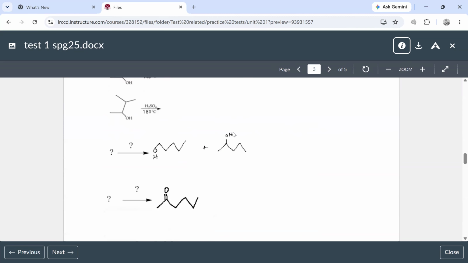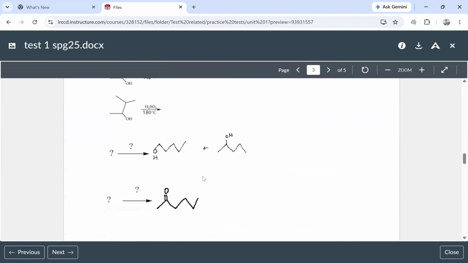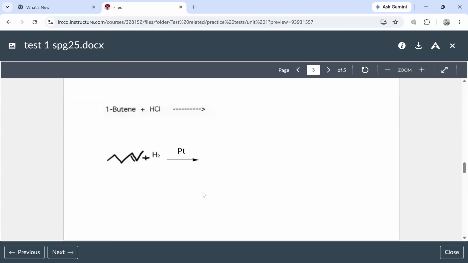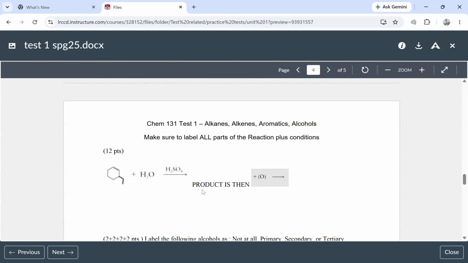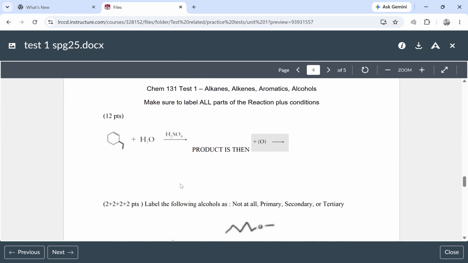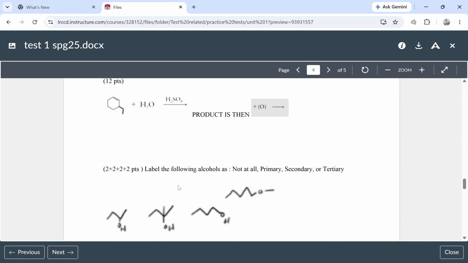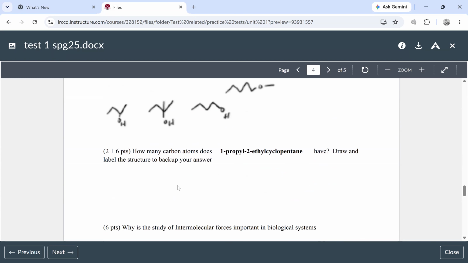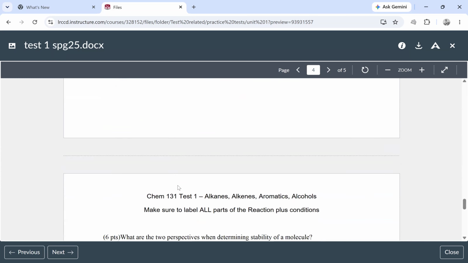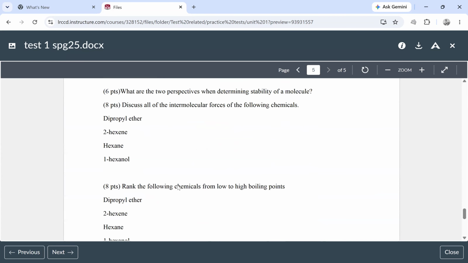So how do you make that? How do you make that? Now, we haven't talked about two-step problems yet, but that's part of the challenge of reaction. Sometimes it's one step, sometimes it's two steps or three steps. Now, you're going to have a take-home problem for most of the tests, all four of them. And I'll give you plenty of time to do it, and it'll probably be a synthesis problem with multi-steps.